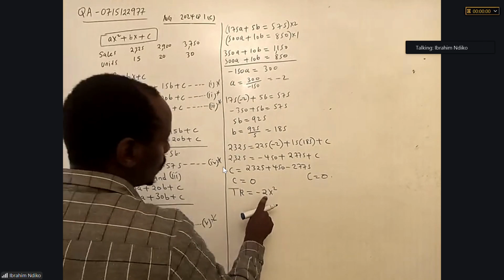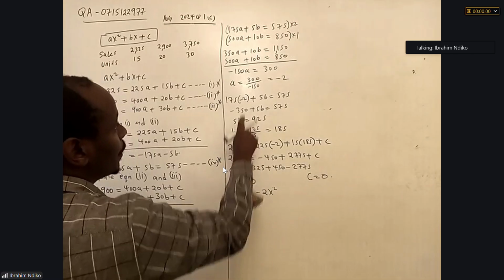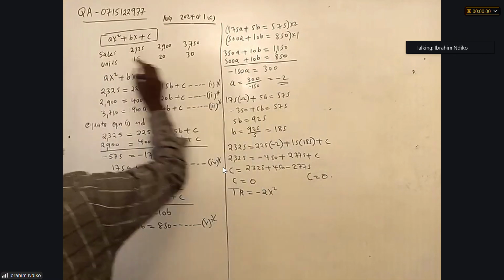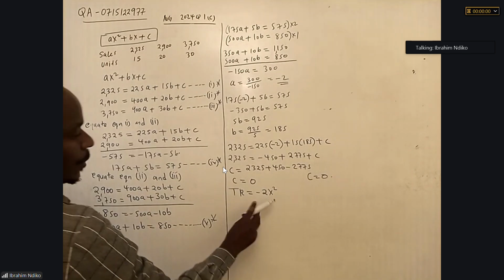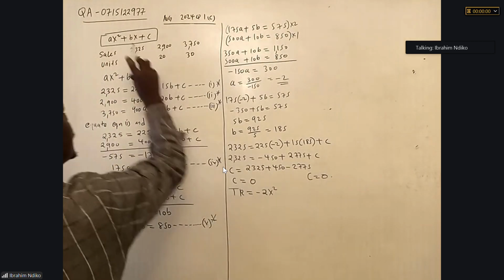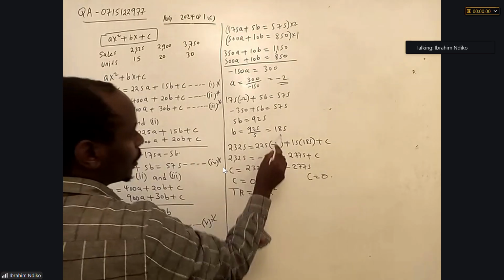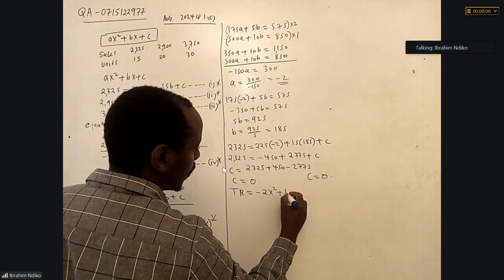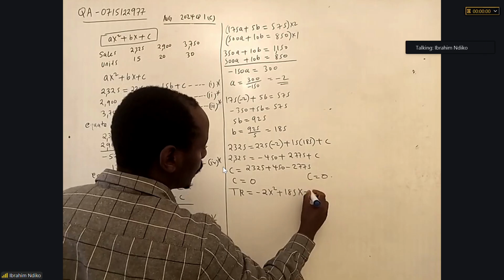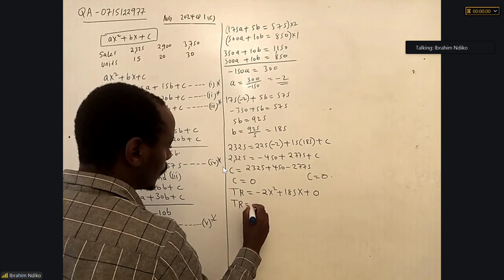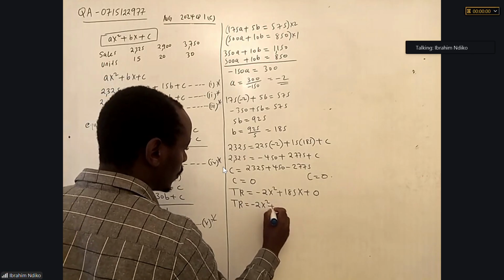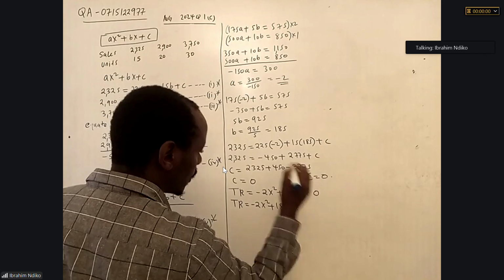So A is minus 2, minus 2X squared. Then BX, 185, so plus 185X, then plus C is 0. That's our revenue: minus 2X squared plus 185X.